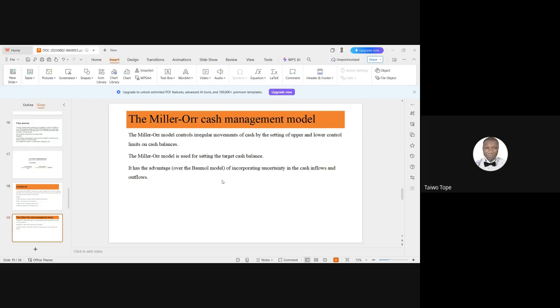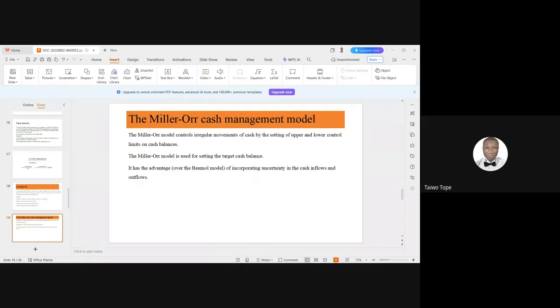Now, when you're looking at the Miller-Orr model, the key elements we are to look out for are the lower limit, the upper limit, and the return point, that is the target point.